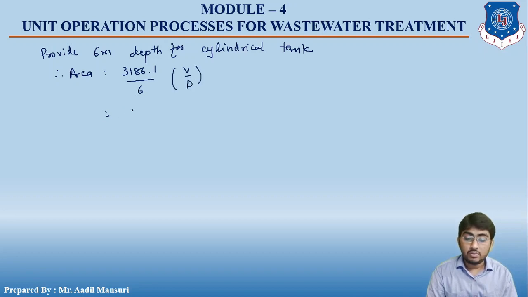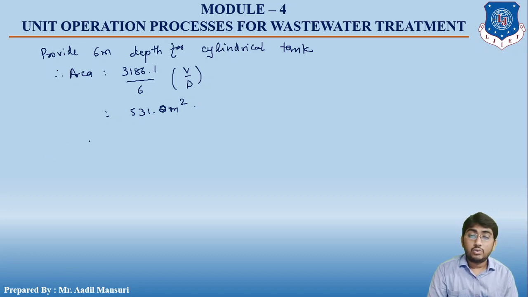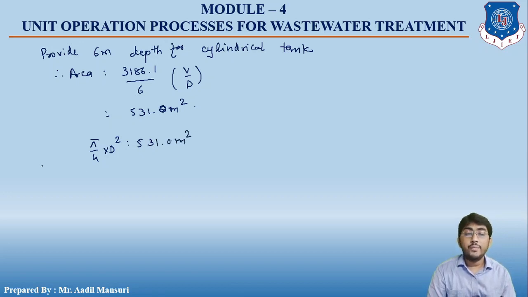So this will be equal to 531.0 meter square, right? So area for a circular tank is pi by 4 D square, so therefore D will be equal to 26 meters.